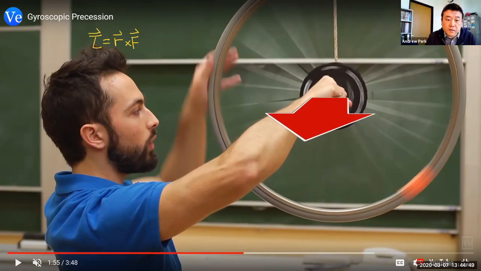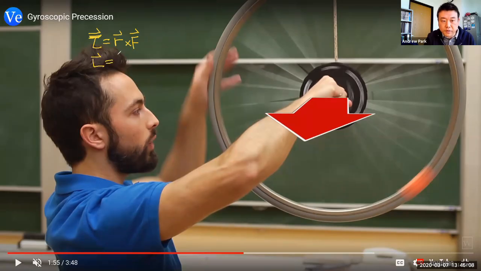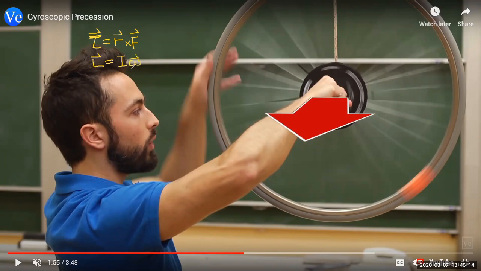And the relationship to keep in mind is angular momentum, which is given by L. L is the letter we use for angular momentum. It's related to angular velocity by rotational inertia times the angular velocity. And here you do use the vector quantity.